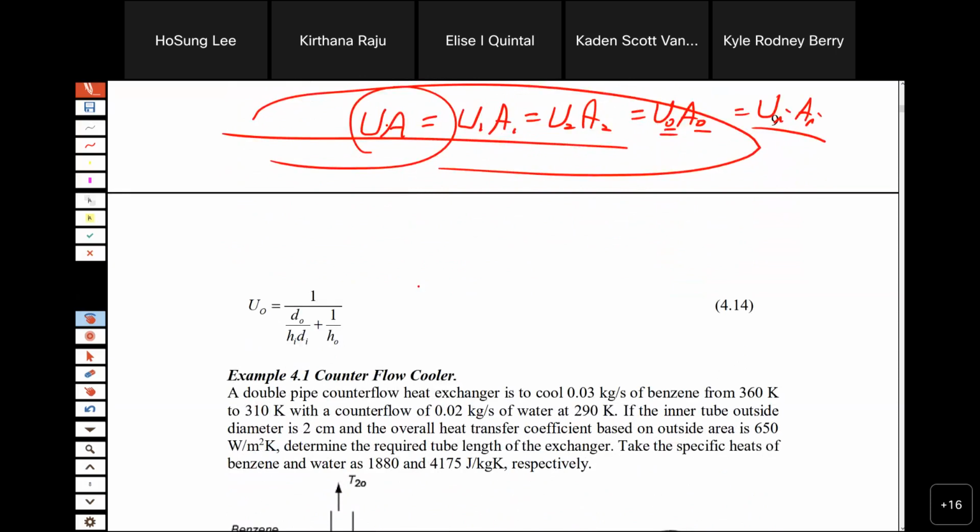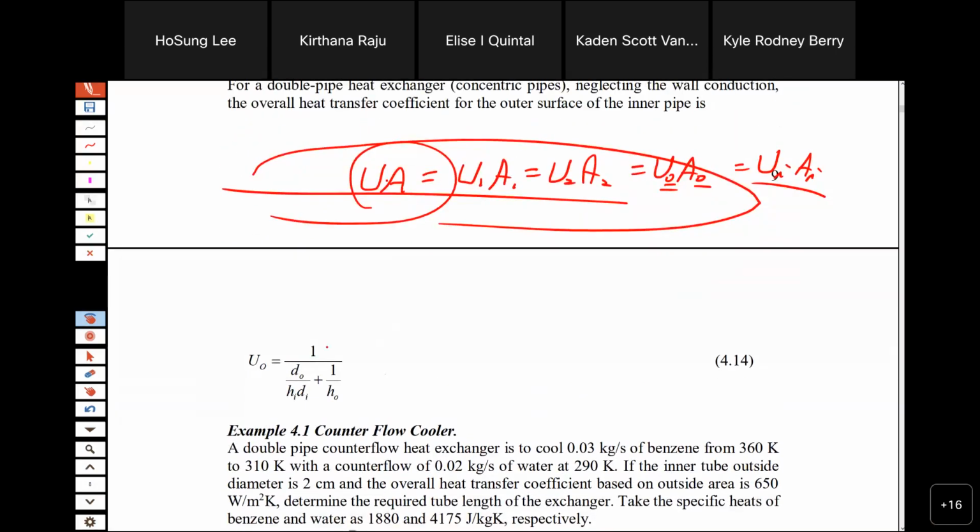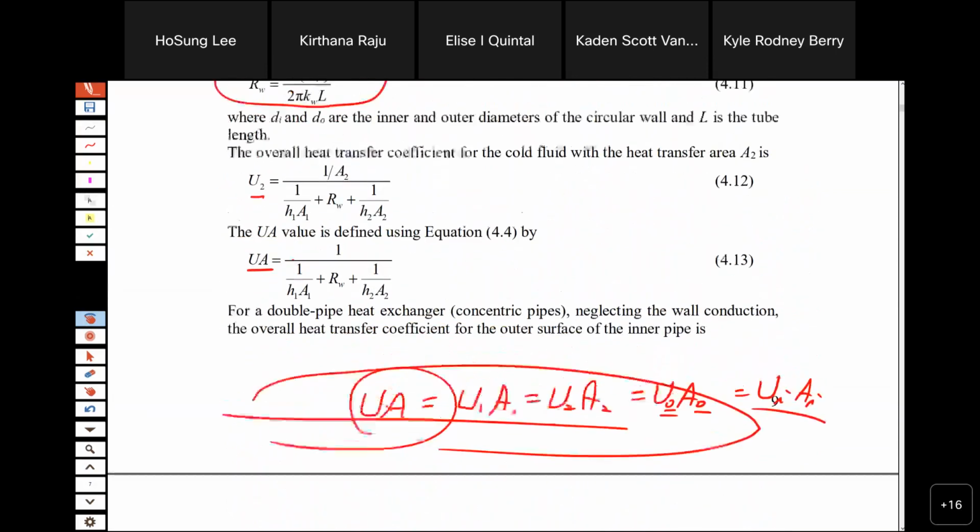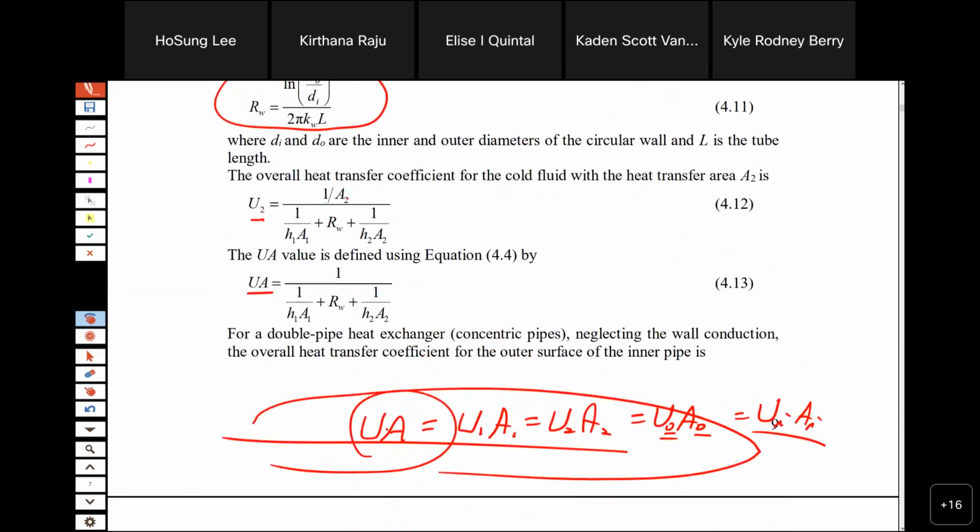But I don't want to use this. If you divide by U2, something like that, look at that, you can even compute U2. Did you see that? If you calculate these, and then A2, you can calculate U2 if you want U2 overall.